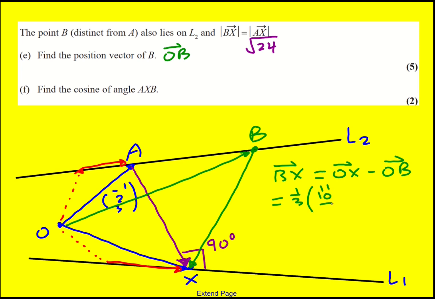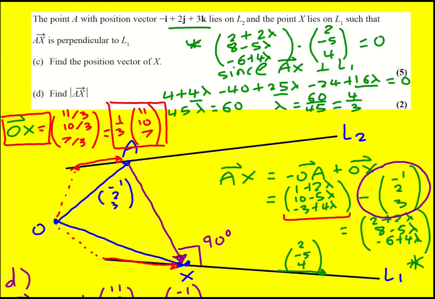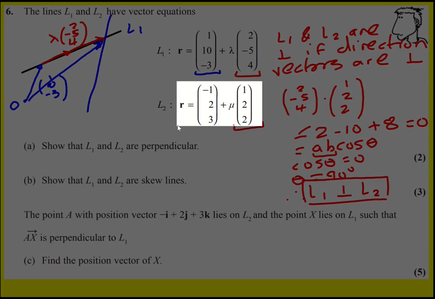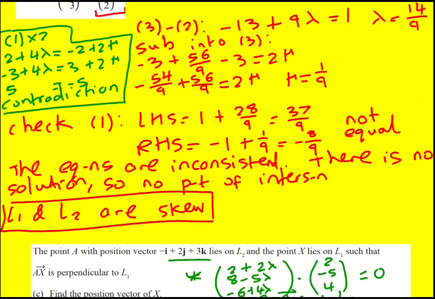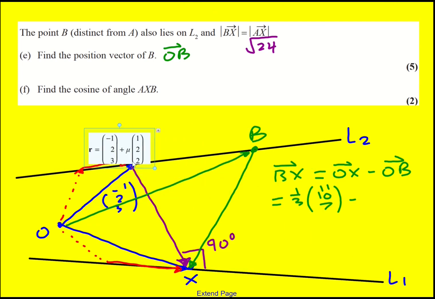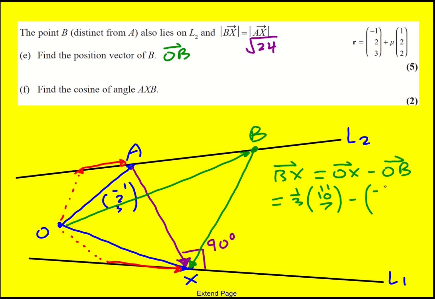(11, 10, 7). And then for OB, because it's a point on line L2, I can use this equation here. And I just need to work out what mu is. So I'm going to minus (1 plus mu, 2 plus 2 mu, 3 plus 2 mu).